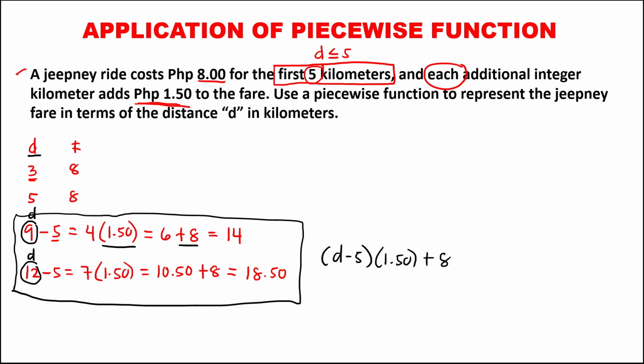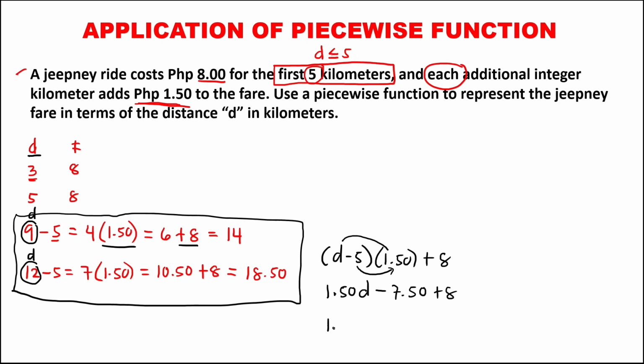Then from this equation, we need to simplify. So distance times 1.50, so this is 1.50 times the distance, and negative 5 times 1.50, so negative 7.50, then plus 8.